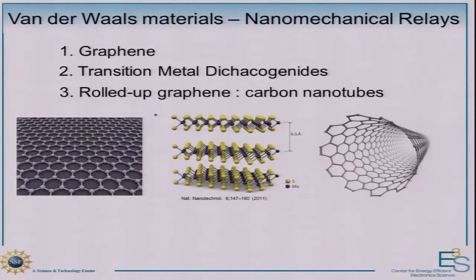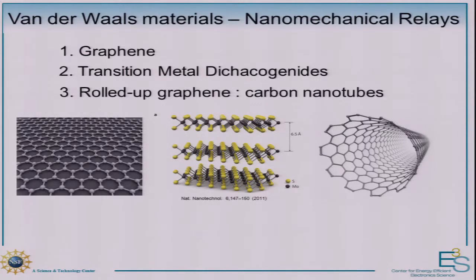If you look at these three different materials, graphene and carbon nanotubes have the same atomic bonds but different dimensions. Transition metal dichalcogenides, such as molybdenum disulfide, and graphene have the same dimensions but different atomic bonds. They all have three different band structures. For example, graphene is a semi-metal with zero band gap and a linear dispersion relationship.